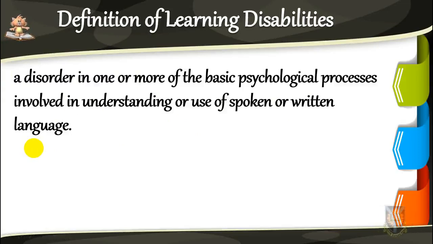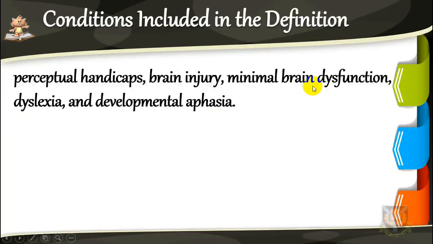While the definition could include the conditions of perceptual handicaps, brain injury, minimal brain dysfunction, dyslexia, and developmental aphasia, it is not applicable to students whose learning problems are the result of visual, hearing, or motor handicaps, mental retardation, emotional disturbance, or environmental or cultural disadvantage.